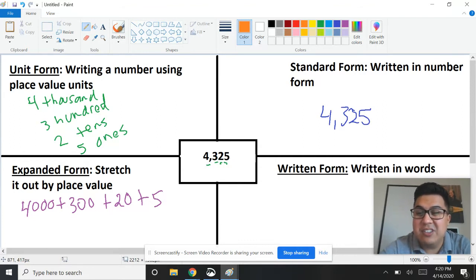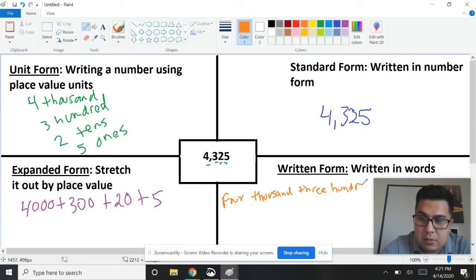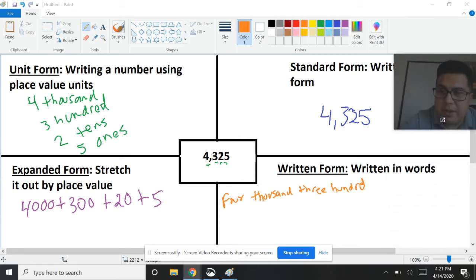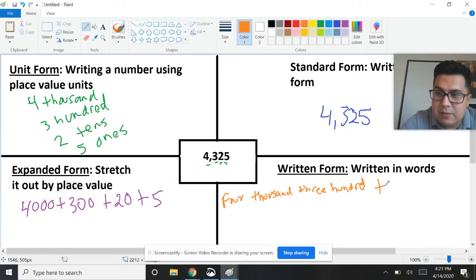That's how we say it, but we're going to write it the same way that we say it. 4,300 and 25. So 4,325 is how we're going to write it out.